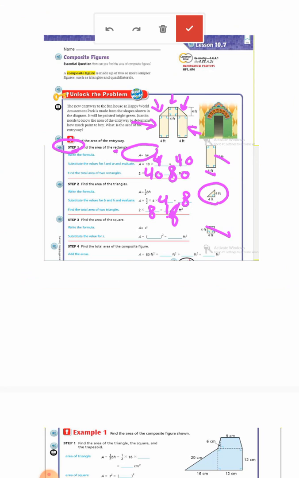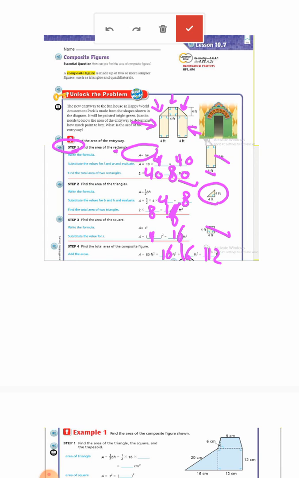Then we have the square. The area of a square is side length multiplied by itself, or s exponent 2. So we make 4 exponent 2, it gives me 16. After we found all these areas, we are going to find the sum of them: 80 plus 16 plus 16 gives me 112.